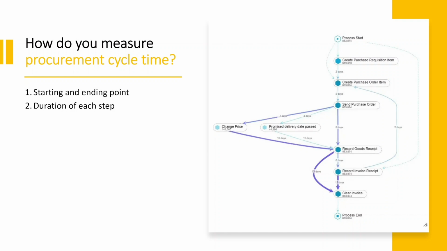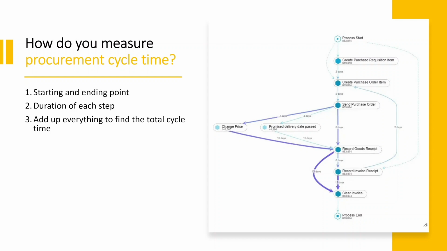Recording the goods receipt is another activity. Similarly, record invoice receipt and clearing invoice can be activities. So you need to identify what is the duration of each of these activities, or you can call it a step. So once you identify all of this, what you have to do is add up all the duration to find the total cycle time. So this is as simple as that.